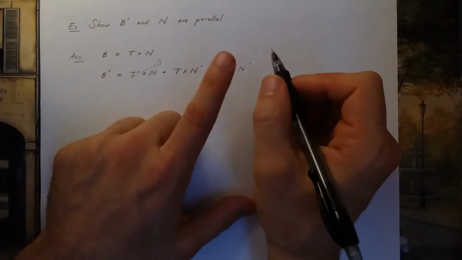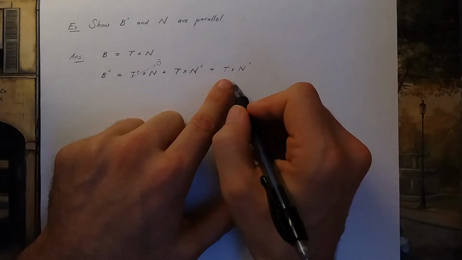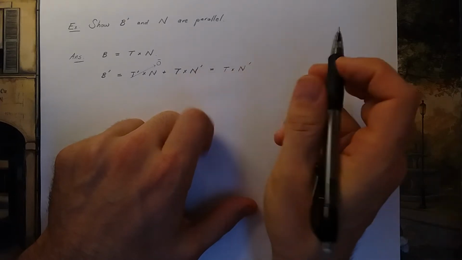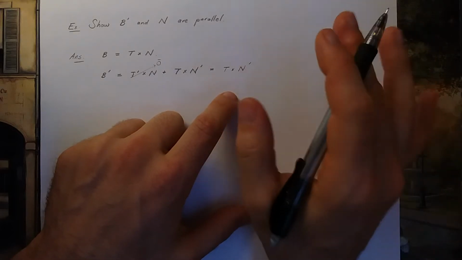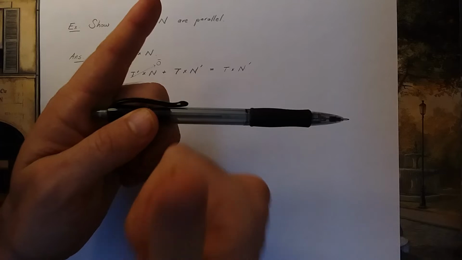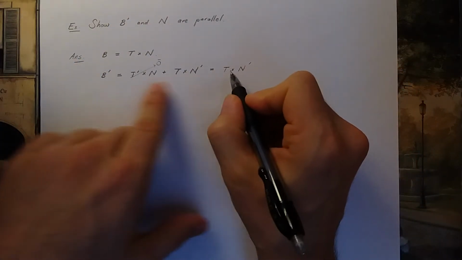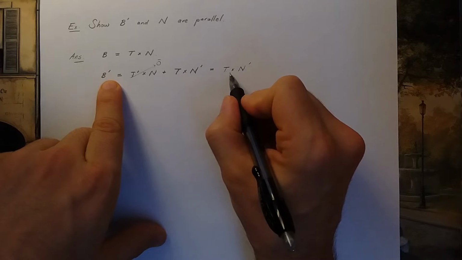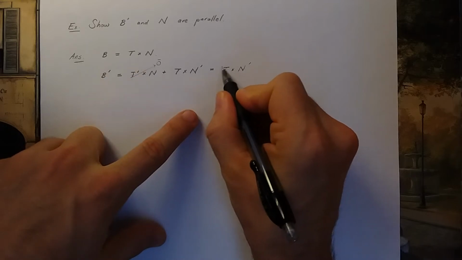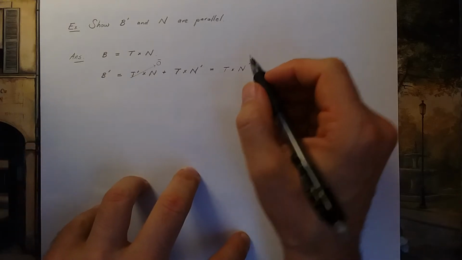Now, when you take the cross product, what you get is a vector that's perpendicular to the two vectors you started with. The purpose of the cross product is to get a third vector that's at a 90-degree angle to the first two vectors. Therefore, b prime is perpendicular to t and perpendicular to n prime.